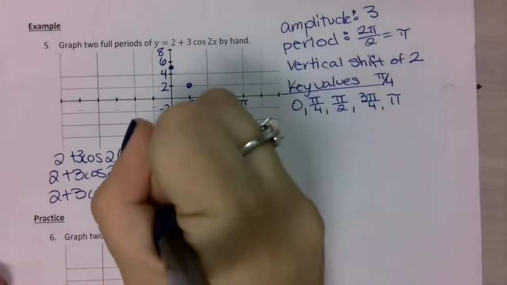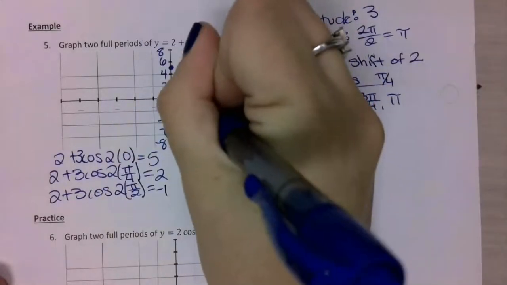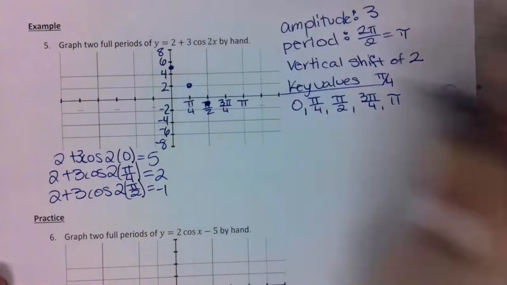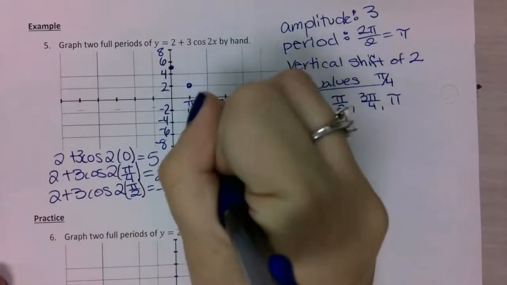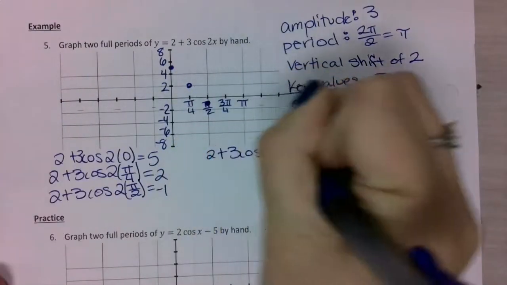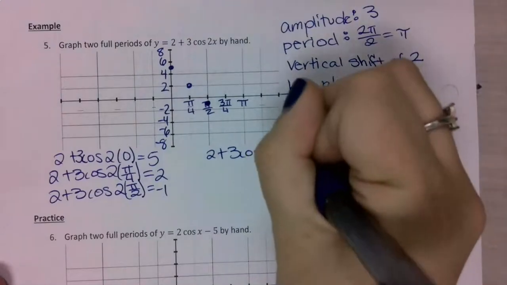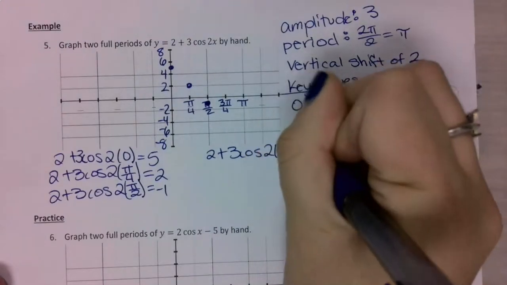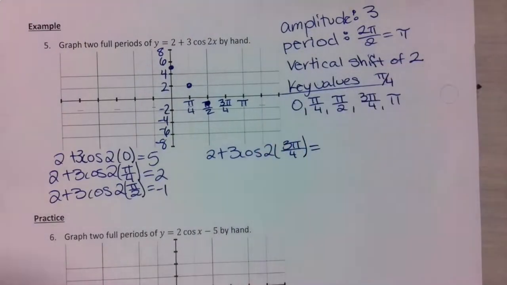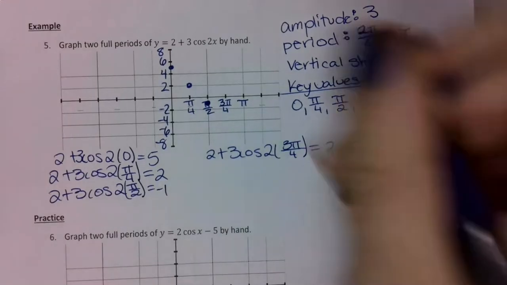Yeah, negative 1. Okay, then I want to plug in 3 pi fourths. Two.